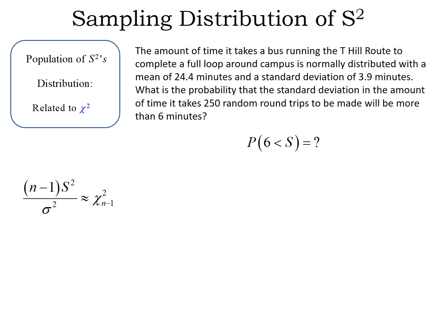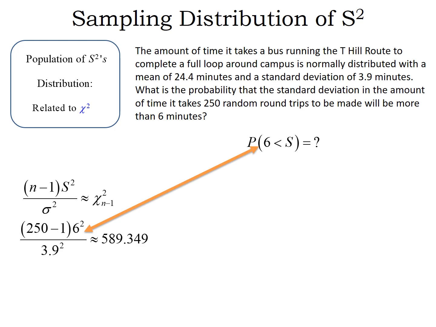So this time, 6 is a sample standard deviation. So when I plug it into the equation, I have to plug it in for S, which means I need to square it because the equation has S squared in it. Once we square the 6, we're back to the 36 variance.